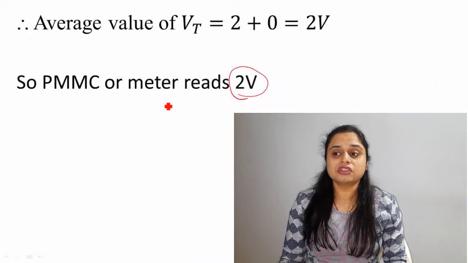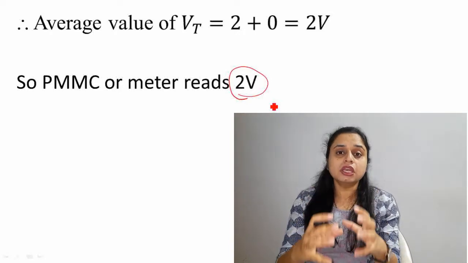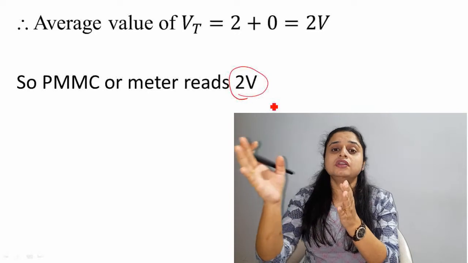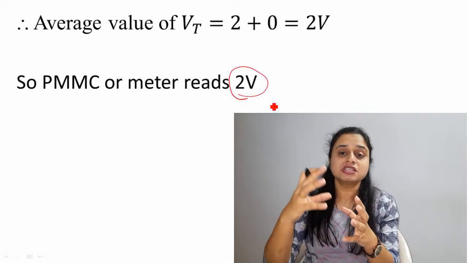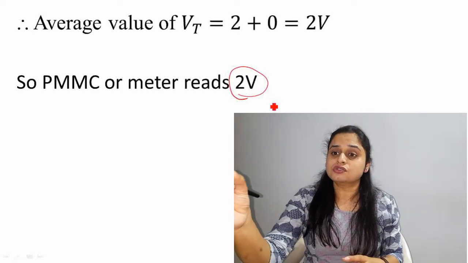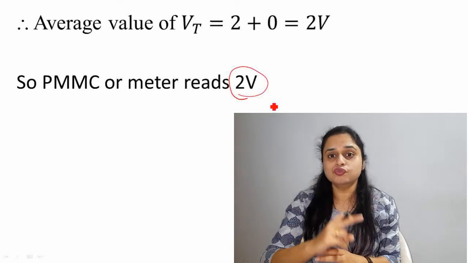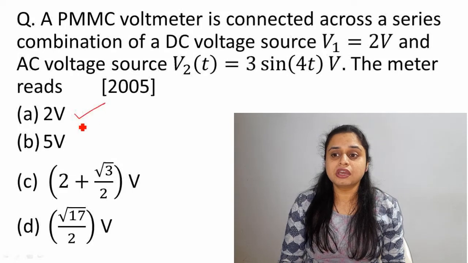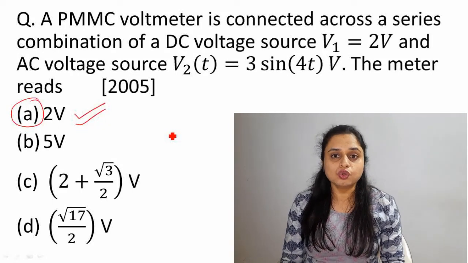So the PMMC meter reads the average value of the series combination of DC and AC voltage in this given numerical, which is 2 volts only. So what will be the option from this? That is option A. Option A is the correct answer, that is 2 volts.